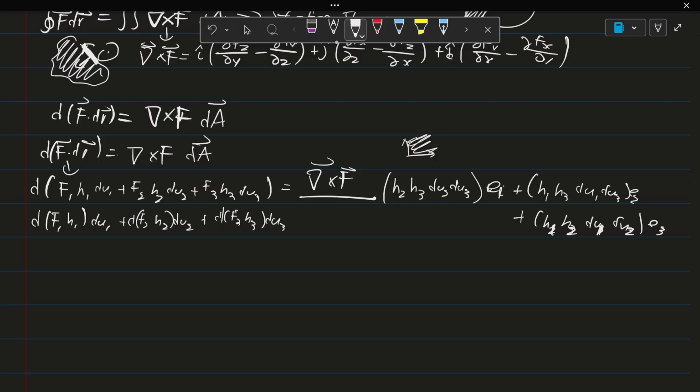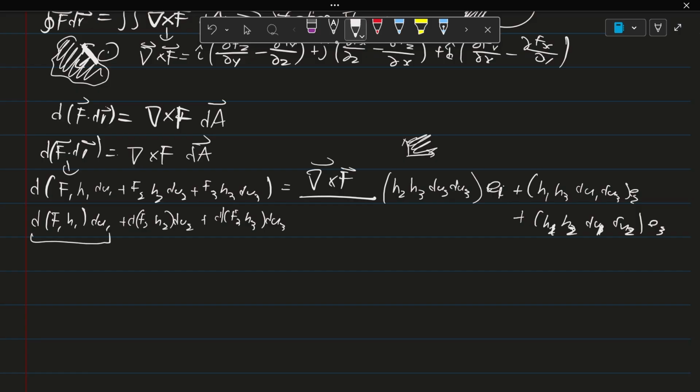So from this, because f1 h1 is like a scalar value, and because this is a differential form, we could extend it for every single coordinate system, like du1 and du2 and du3.